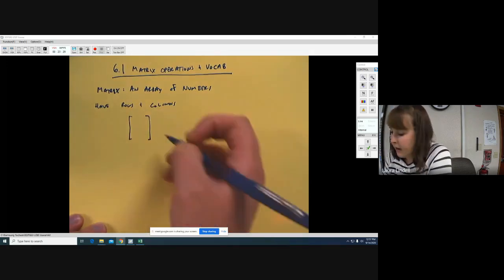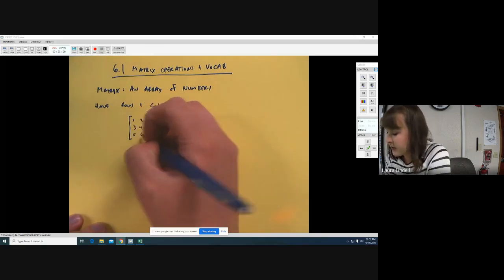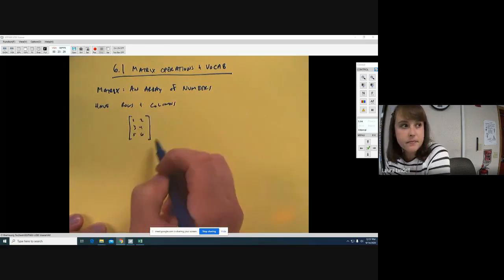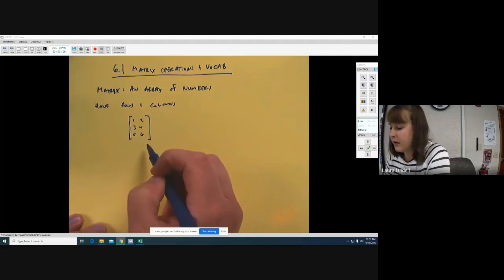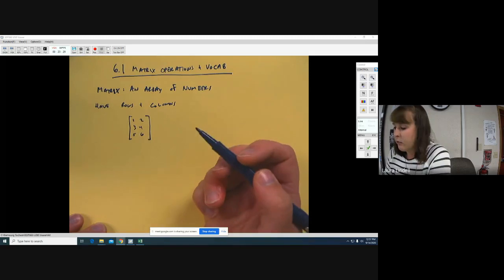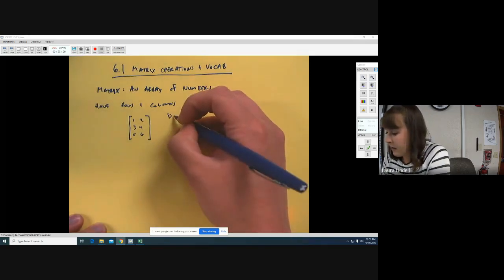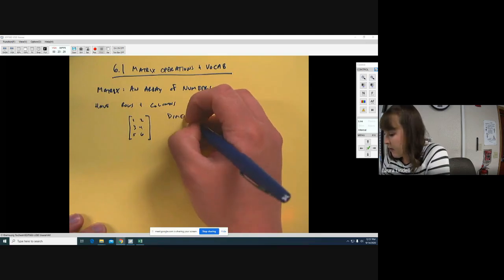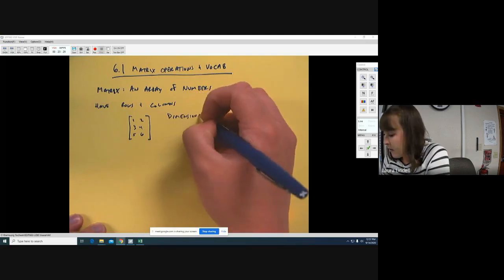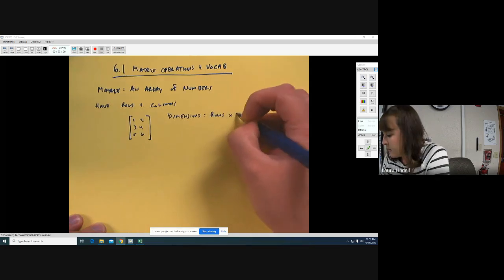So I might have 1, 2, 3, 4, 5, 6, and this is my matrix. That's an example of one. The dimensions of the matrix would be how many rows it is by how many columns it is. So it's rows by columns.